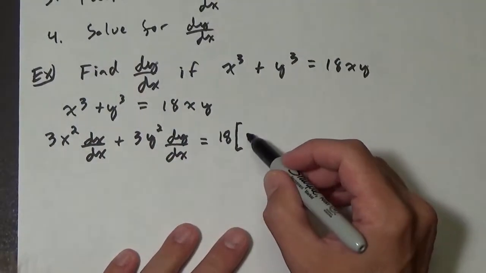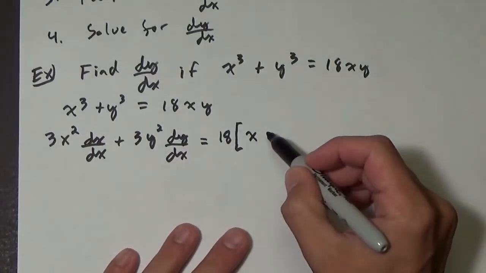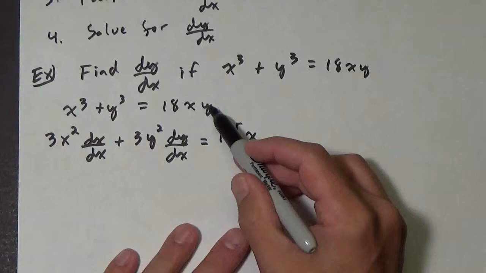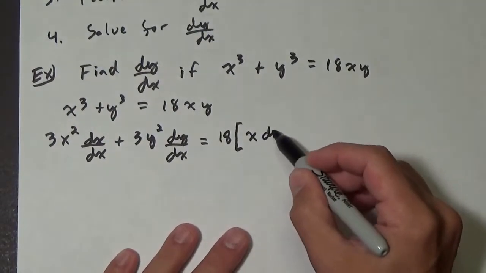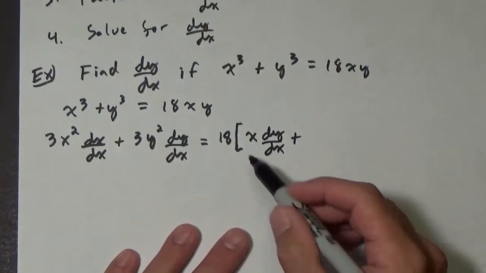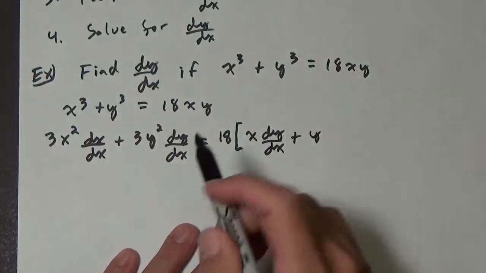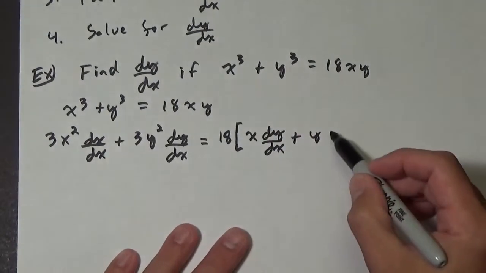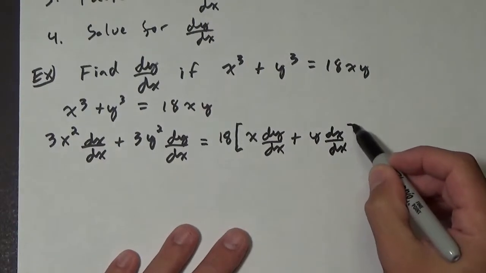So we have the first, x, times the derivative of the second. Well, the derivative of y is 1, but we also have the derivative of the thing inside, which is dy/dx. Then we have the second, y, times the derivative of the first, which is 1 times dx/dx.